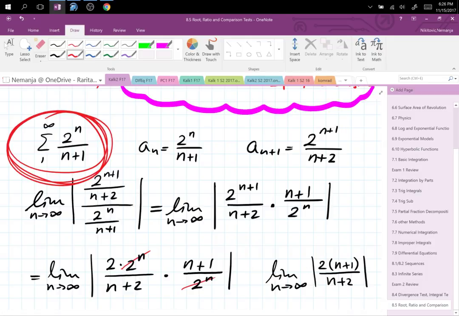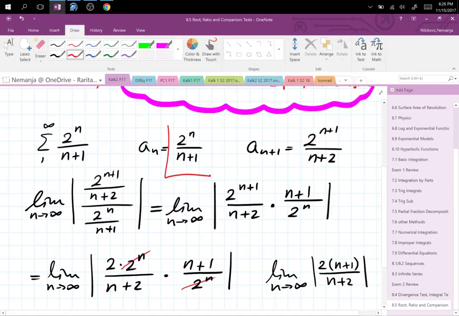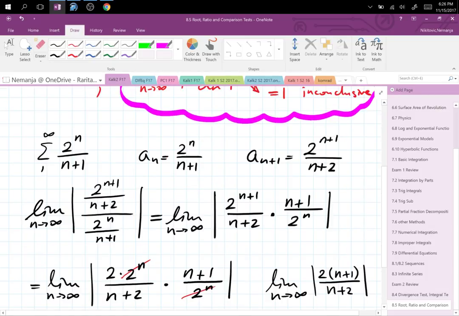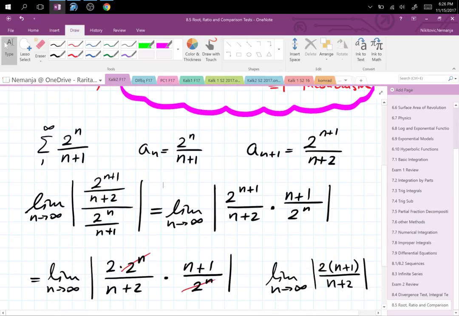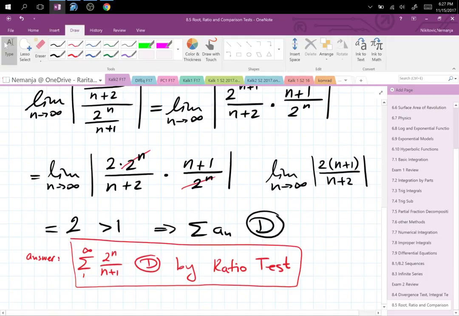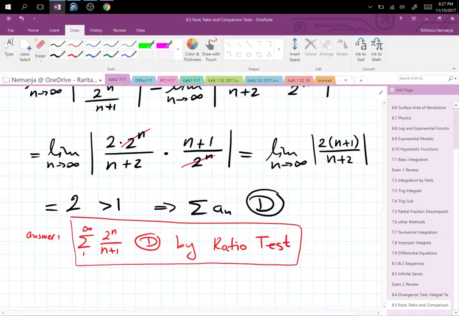When you have mixture of different functions, most likely ratio test is the one that will take care of it. So what you have there is 2 to the n divided by n plus 1. So that is your sequence an. Then you create an plus 1, and then you use the test where you divide an plus 1 by an. You do a whole bunch of algebra, and eventually when you apply the limit, you have the answer 2, which is bigger than 1, and in our book that would be divergence.